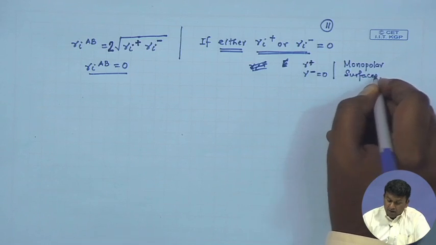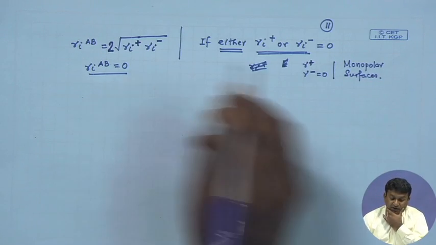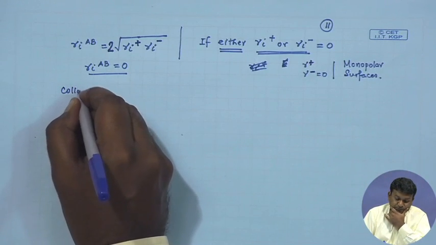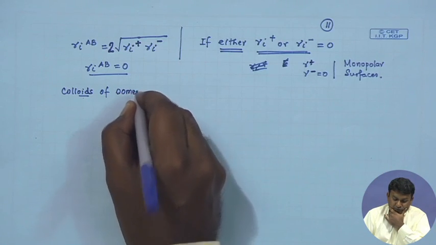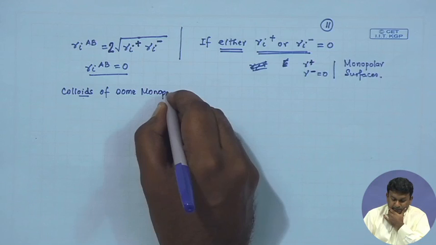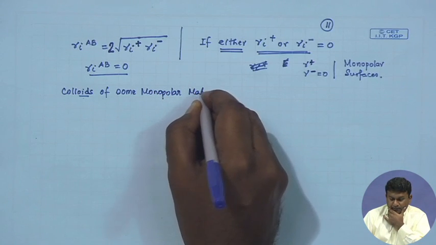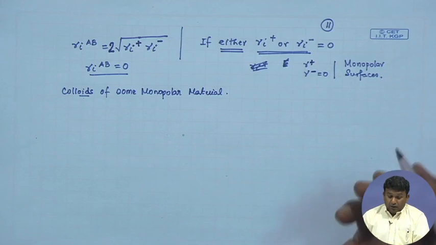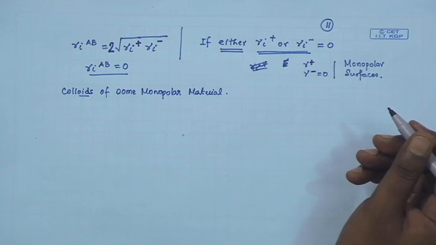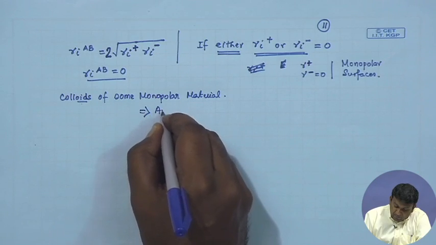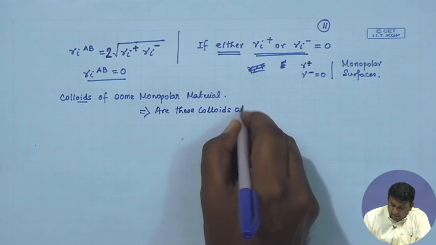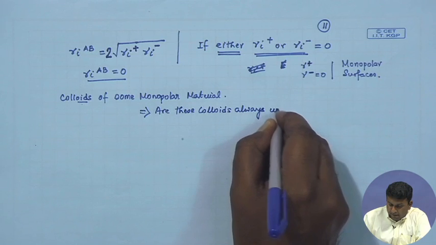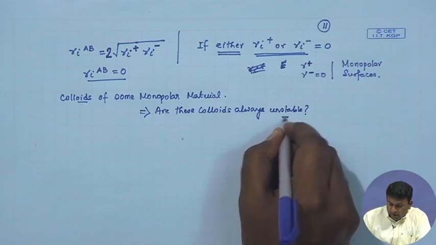So, if I straight away ask you, suppose you have colloids of some monopolar material, do they always adhere? Are these types of colloids always unstable? Is the question clear?